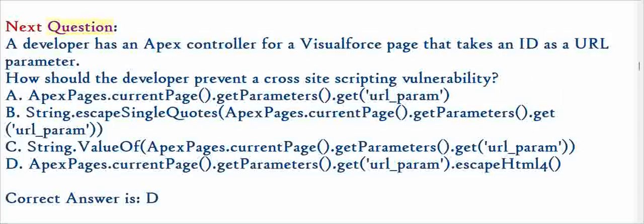Next question. A developer has an Apex controller for a Visualforce page that takes an ID as a URL parameter. How should the developer prevent a cross-site scripting vulnerability? A. Apex.